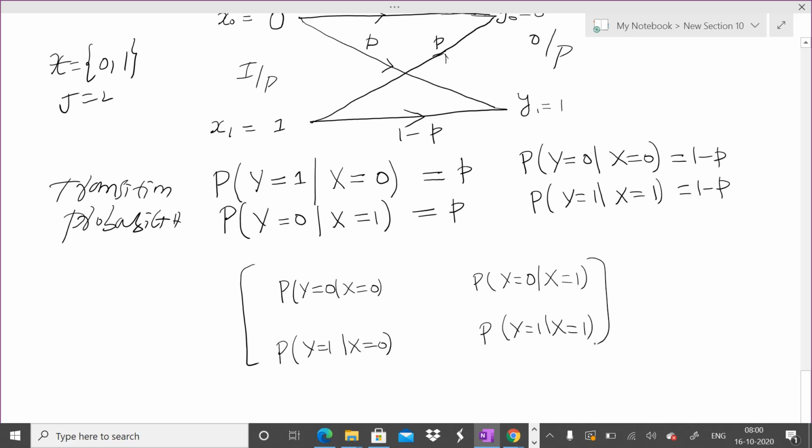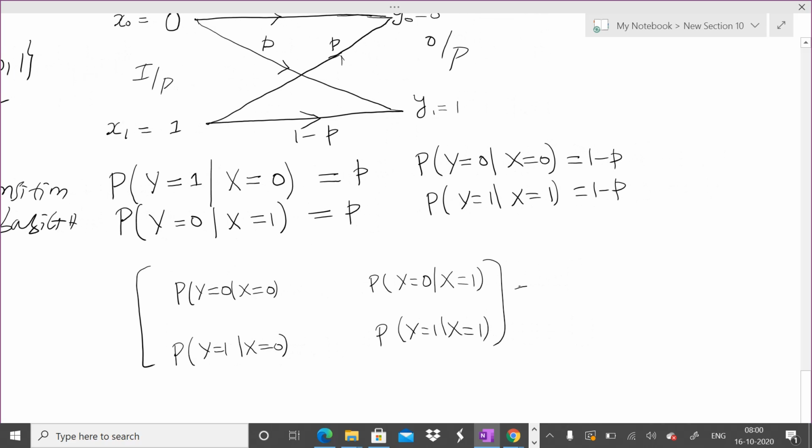We can form a matrix and this will be equal to 1 minus p, p, p and 1 minus p, and I can represent it with some capital P. So this is called the transition probability matrix.